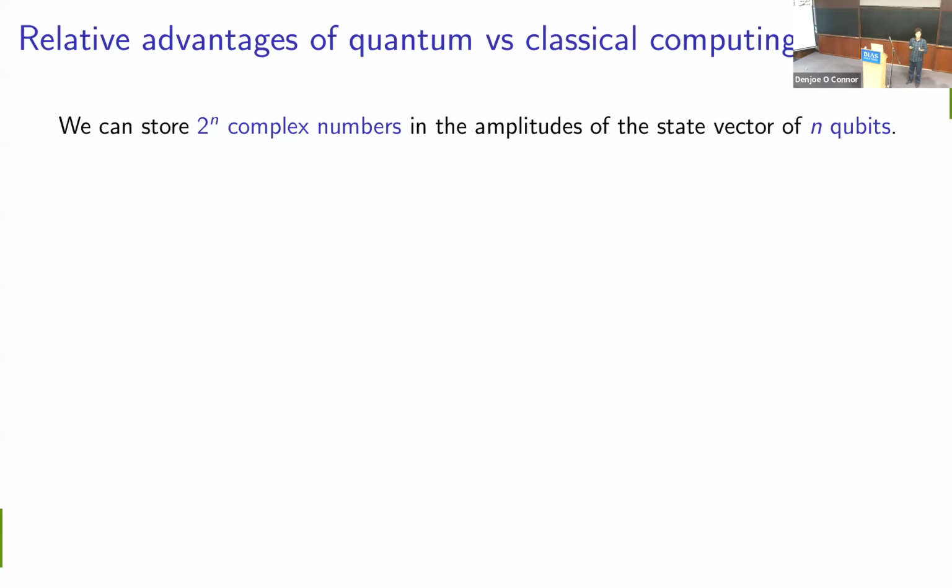But that still gives us quite a lot of space to work with. And it's really powerful, being able to store these 2 to the n numbers in just n objects, because then we can manipulate them using a much smaller number of operations than we'd otherwise need. But of course, it's not quite as simple as that.